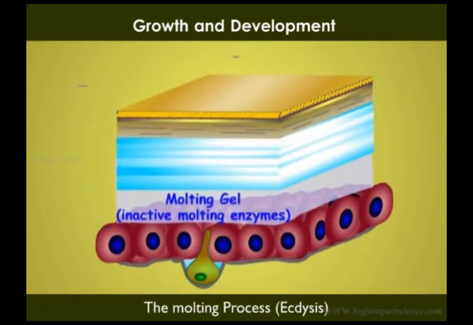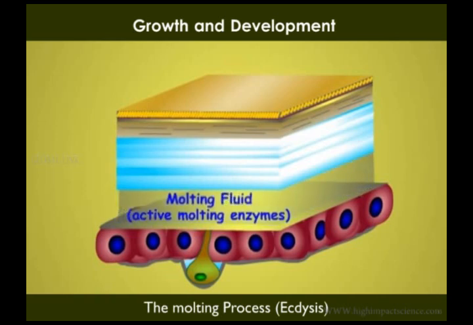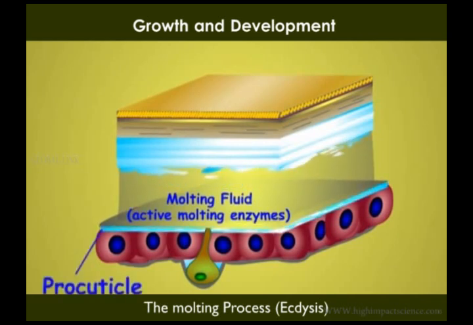A new outer epicuticle layer of cuticulin is secreted. This layer protects the epidermal cells and the newly forming cuticle from digestion by the enzymes in the molting gel, which is then activated and becomes a fluid. The activated enzymes begin to digest the old endocuticle.